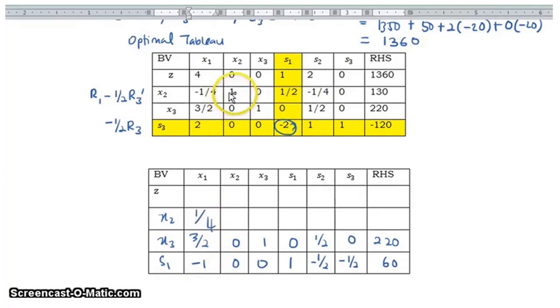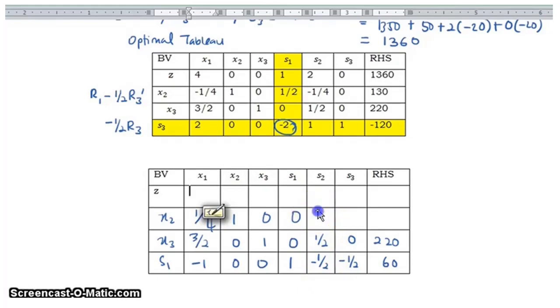X2 is 1 minus 1/2 times 0 is 1. X3 is 0. S1 is 0. S2 is -1/4 minus 1/2 times -1/2.